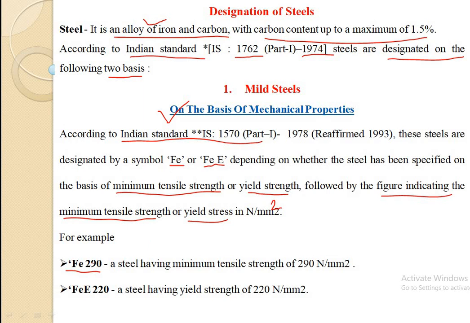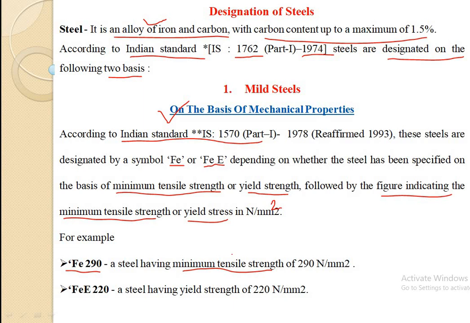If we are mentioning a symbol as Fe before any number, that means this steel is designated on the basis of minimum tensile strength.